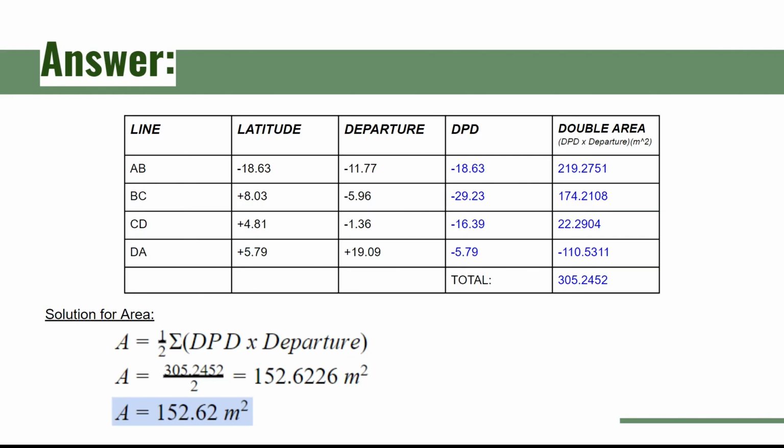Following two decimal places, our final answer for the area of the closed traverse is 152.62 square meters. This answer is exactly the same as the area that we computed for the DMD method before. Whether you use the DPD or DMD method, the value of the area for the same problem will be the same as well.